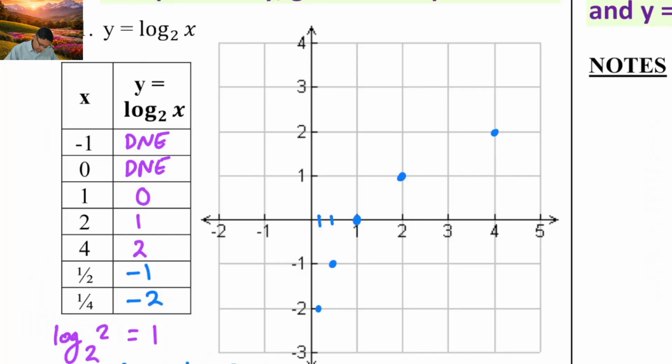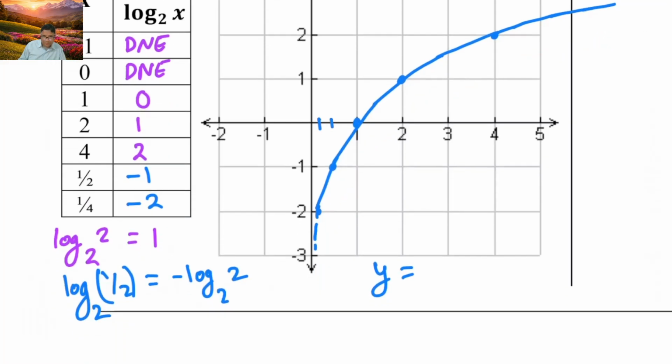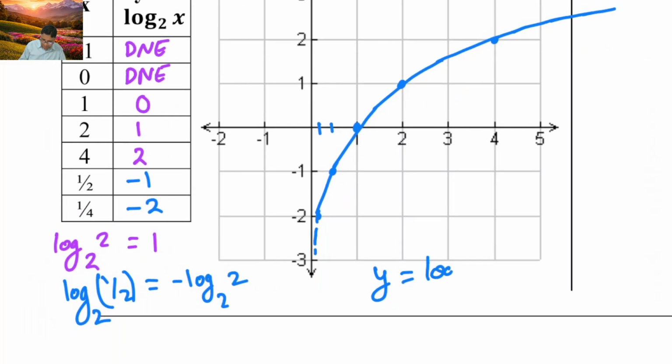So you see the graph, like before, like the log base 4 of x, but it will look like it's increasing for a while because the base is only 2, but eventually it will start becoming slower. And that is the graph of y equals log x base 2.